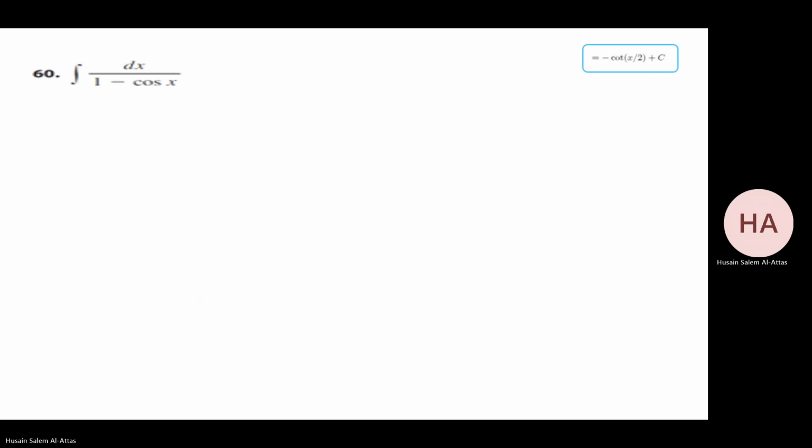This one, yes, I can do it in two ways. Using the substitution u equals tan x over 2. Don't forget du: 2 du over 1 plus u squared. I need cosine in this case, which is 1 minus u squared over 1 plus u squared.